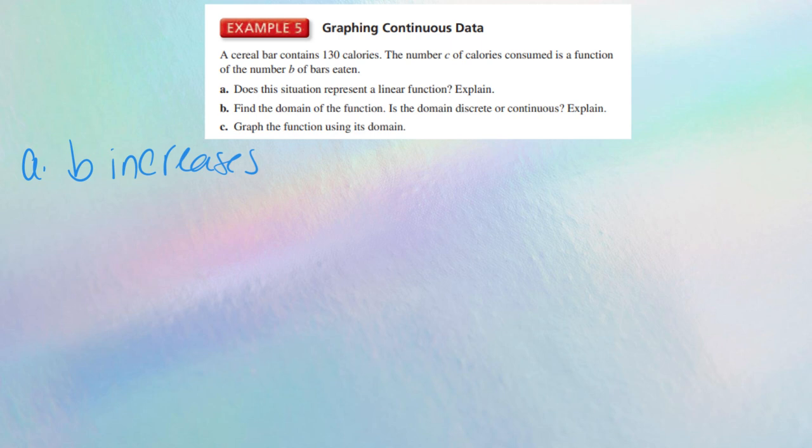So that means if I eat 1 bar, how many calories are being consumed? So that means B increases by what? By 1. And who is B? As B increases by 1, C increases by what? 130.